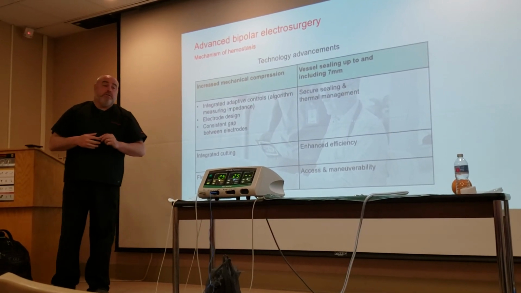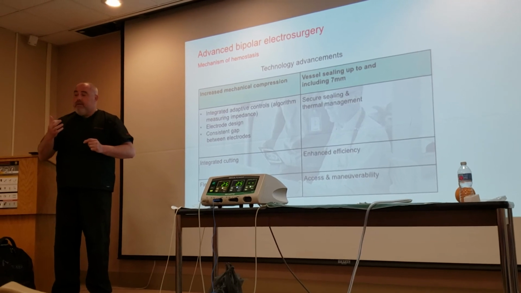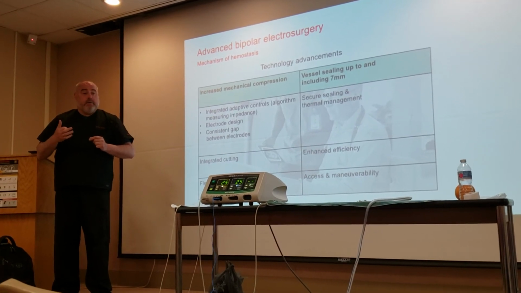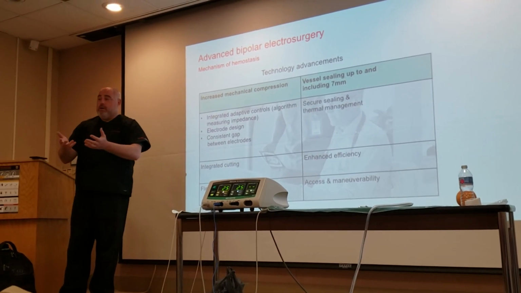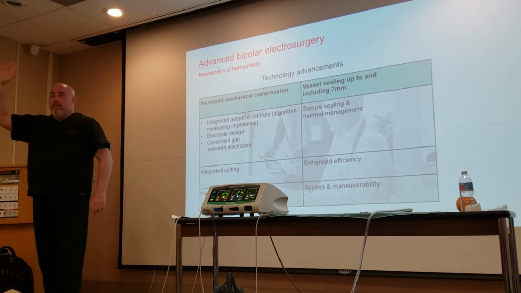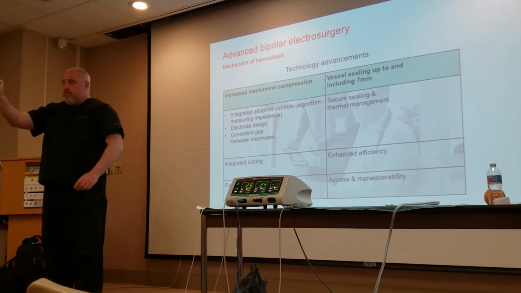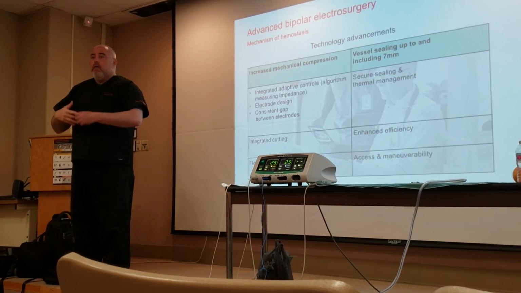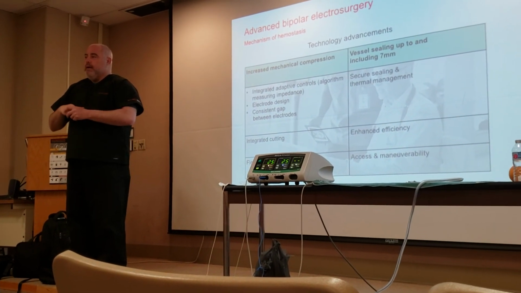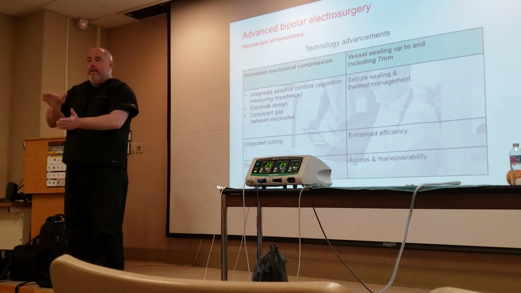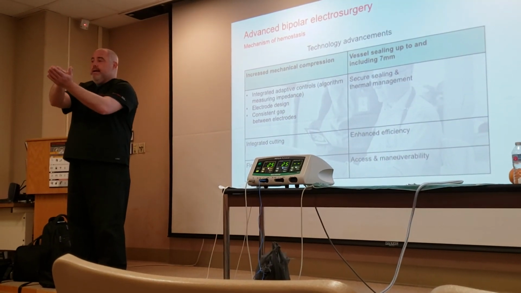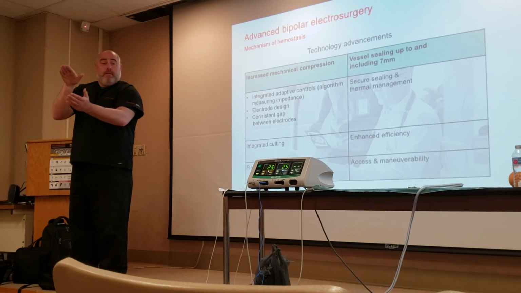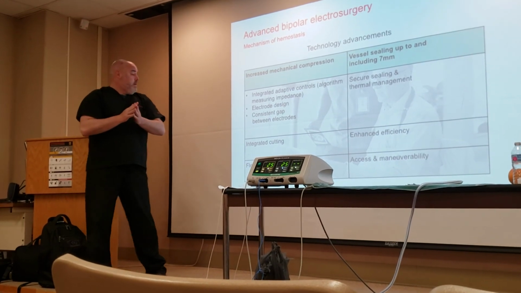That next action generally is, a lot of these devices integrate a cutting mechanism. If you think of a Kleppinger, who's been around a Kleppinger before? They burn, and then they have to bring in a pair of scissors and cut. What our advanced bipolar instruments are doing is all of that. It's going to burn, it's going to tell them when it's done, and then it's going to allow them to cut.